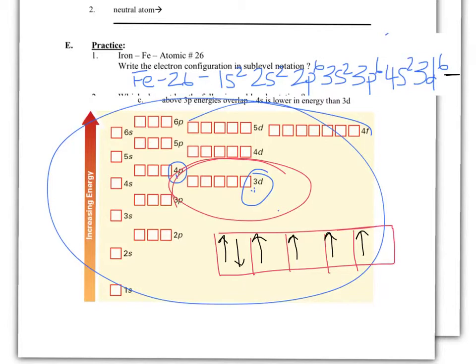So the answer would be 1, 2, 3, 4. 4 unpaired. Now that's important later for bonding and that sort of thing and reactions, but I just wanted to show it to you now because then later on you can understand a little bit better the freeness of them, okay?